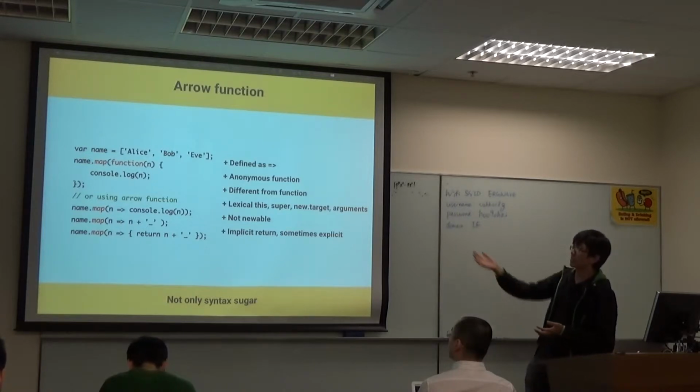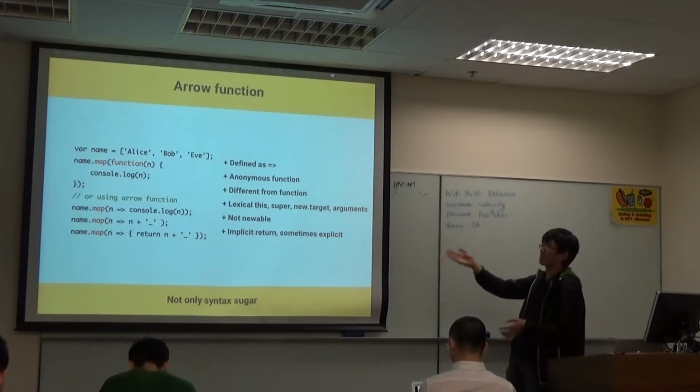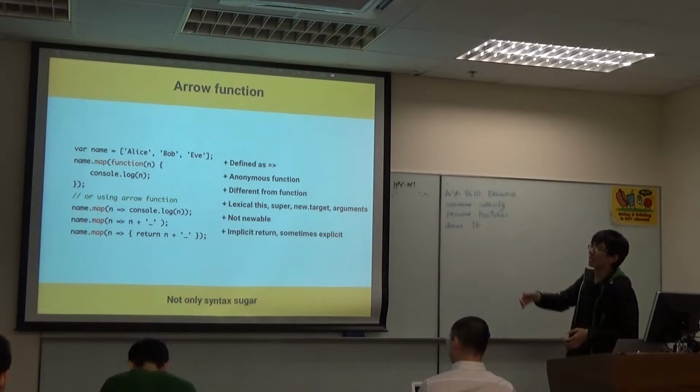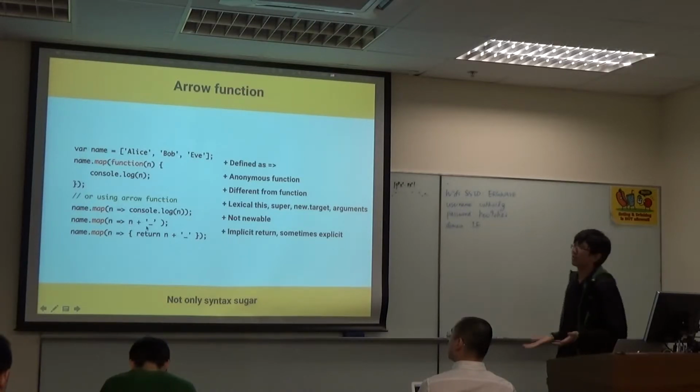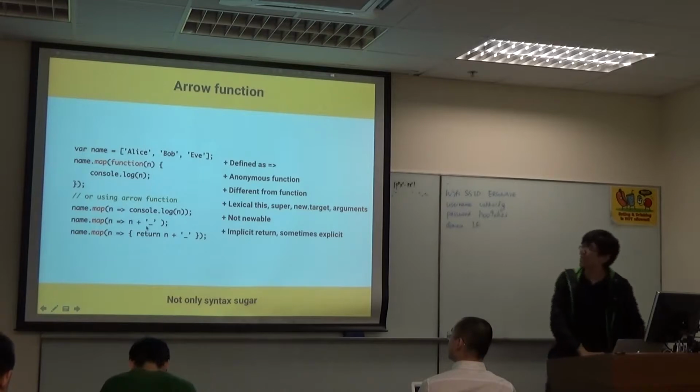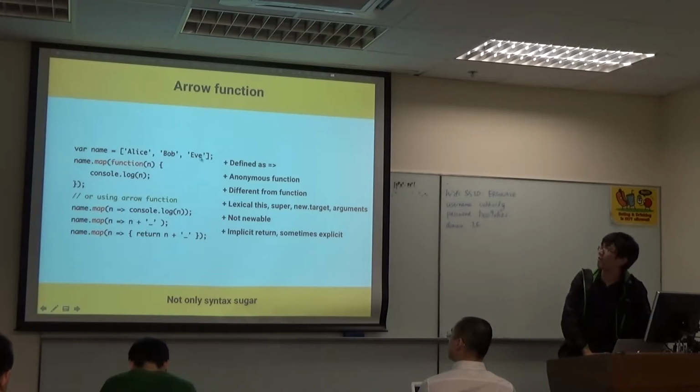What does it mean? You can see the example on the left-hand side. So what is the return? Names is an array of Alice, Bob, and Eve.